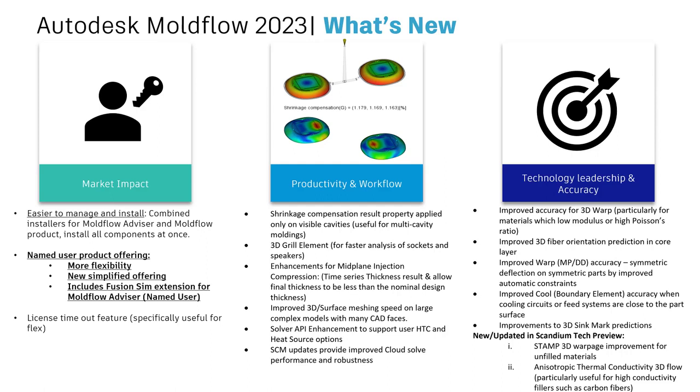In today's episode, we are going to talk about productivity and workflow enhancements, such as the shrinkage compensation improvement, the introduction of the 3D grill element, which connects to my earlier discussion and the problem that I mentioned, and a whole lot of improvements in the solver technologies.